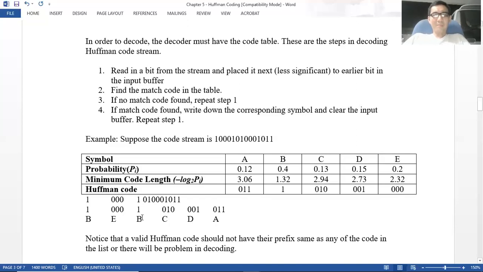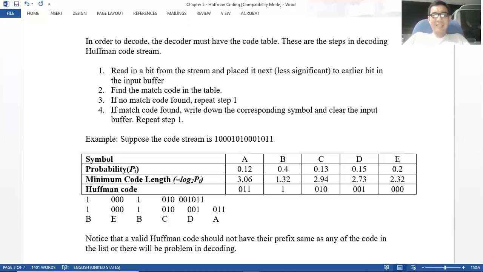1. Any code? Yes, B. We clear the buffer again. Now we take 1 bit from here: 0. No, there's no 0. What about 0, 1? No. What about 0, 1, 0?